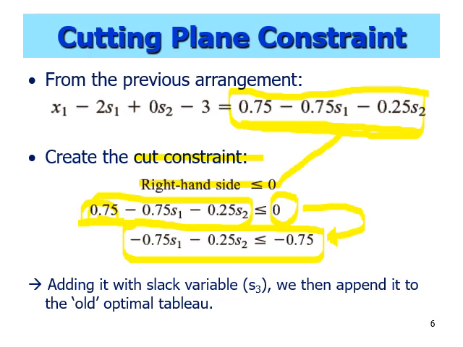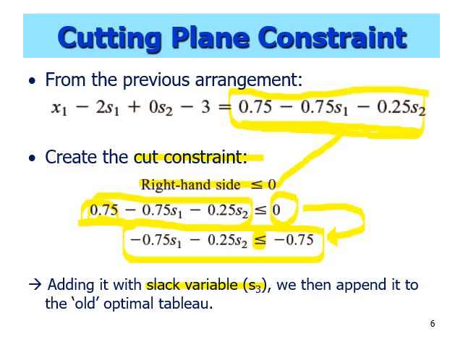Once we have that constraint, we can, as usual, convert it into standard form by adding a slack variable. Remember, because the sign is less than or equal to, you are adding a slack variable. Let's call it S3.